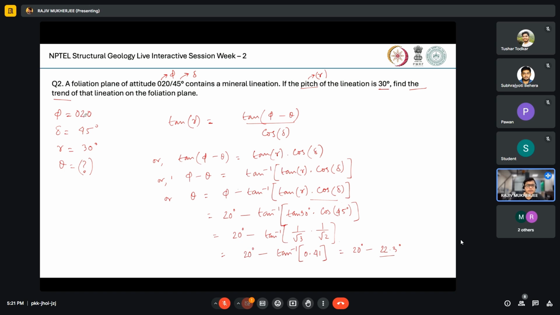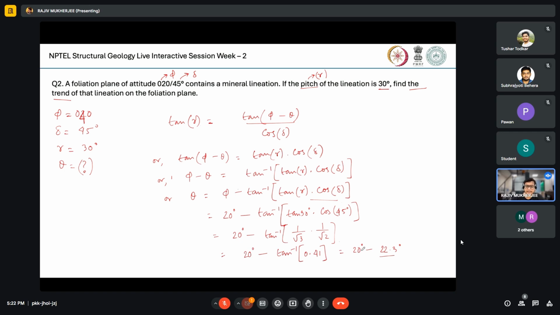So just for the sake of argument, if we change the value of the strike, for example if we make this value 040, the other values are not changing.